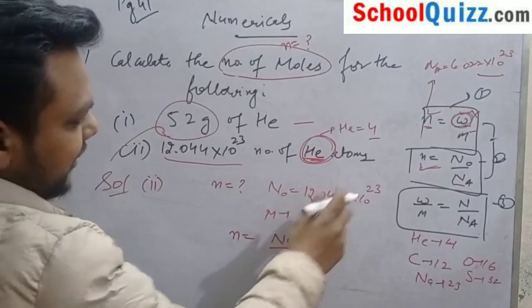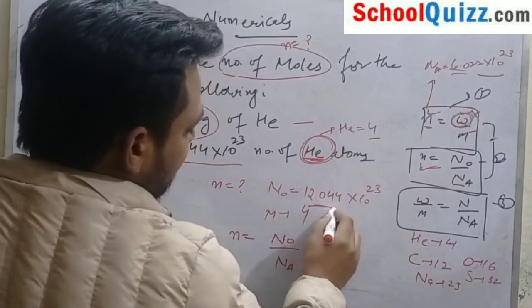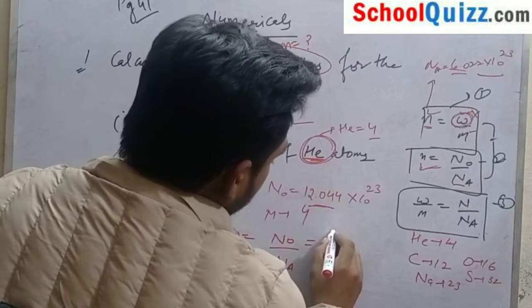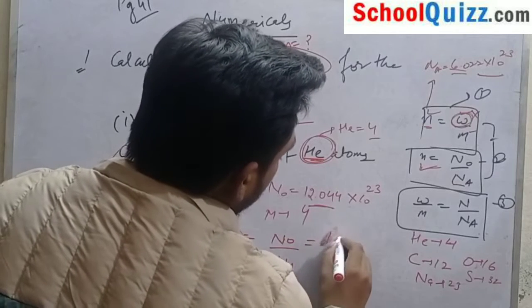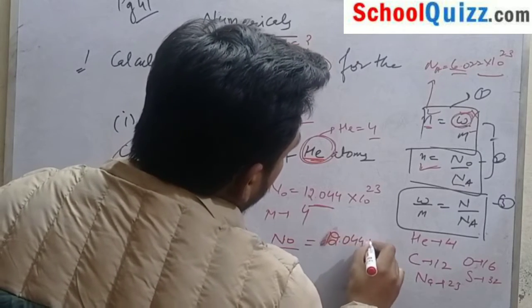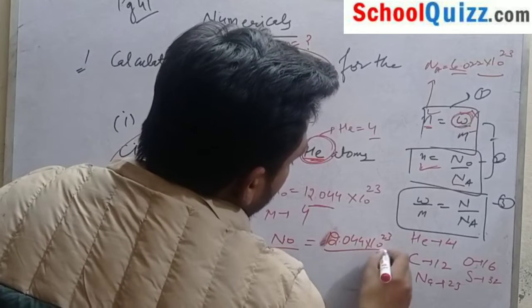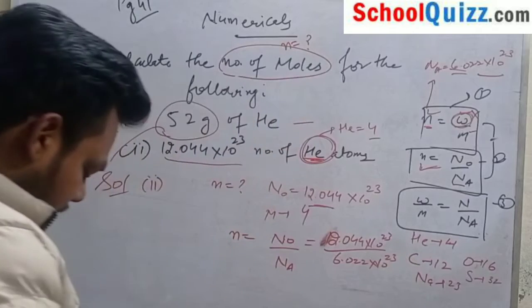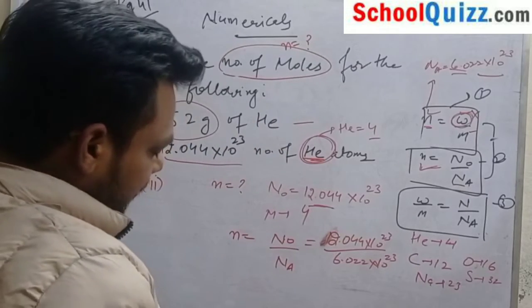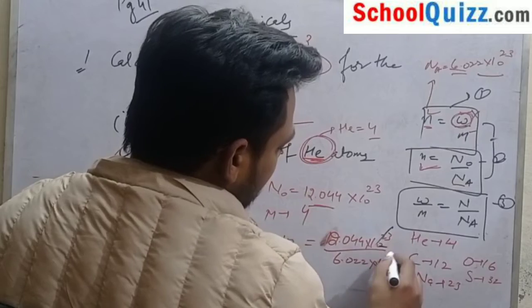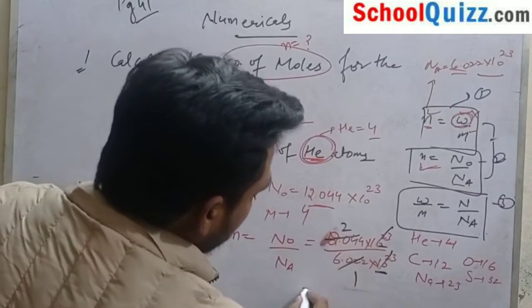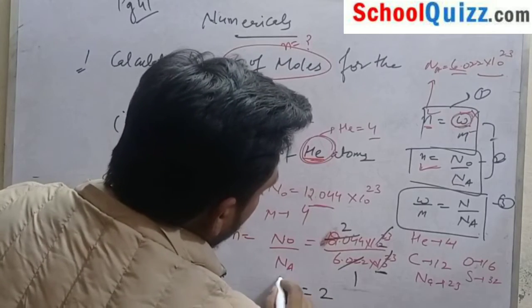We can already see that it will cancel easily. So 12.044 into 10 to the power 23 divided by 6.022 into 10 to the power 23. As we see, 10 to the power 23 and 10 to the power 23 are the same, so they cancel out, and 6 1s are 6, 6 2s are 12. So the answer comes out to be n equal to 2.